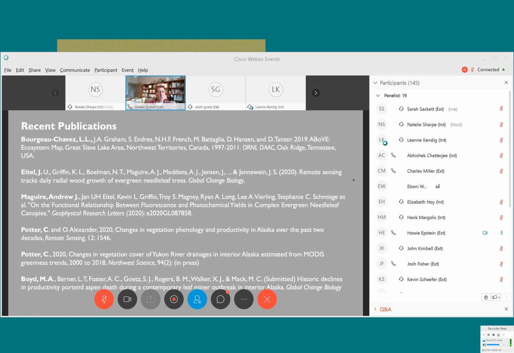And the Idle et al. and McGuire et al. papers on evergreen needle-leaf canopies, the first one in Global Change Biology with remote sensing, evaluating wood growth in evergreen needle-leaf trees.